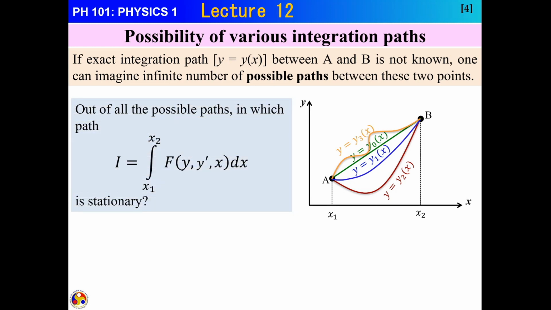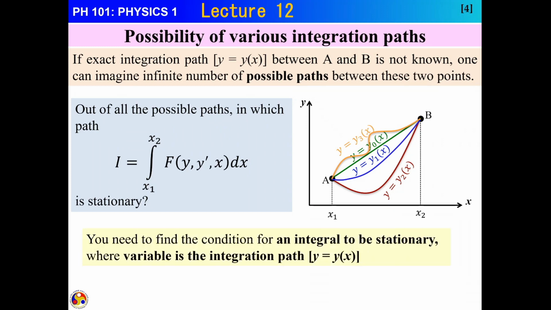Now the question is, out of all these possible paths, in which path would the integral be stationary? In order to justify that, you need to obtain a condition for this integral to be stationary, where the variable is the integration path.